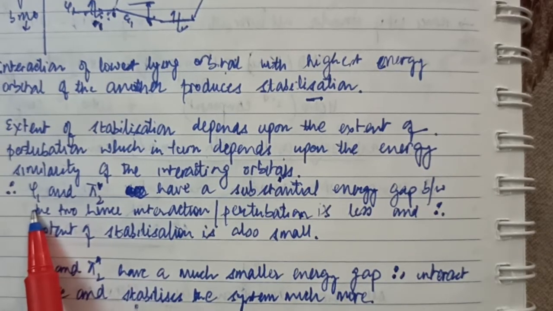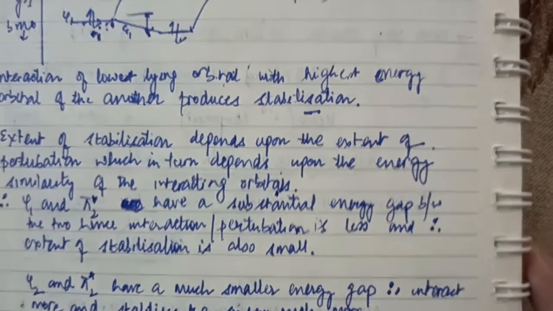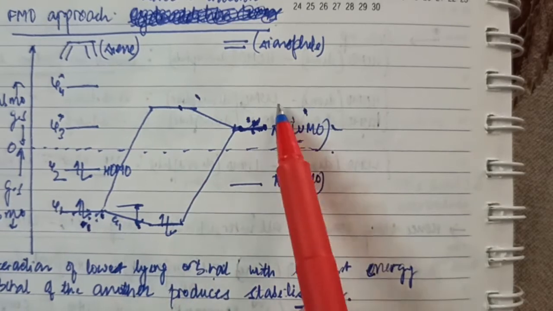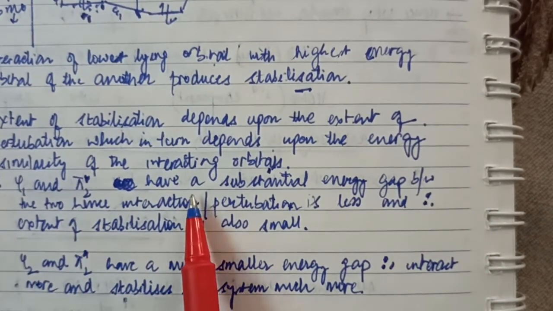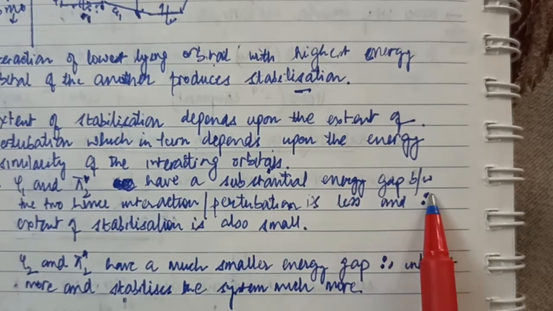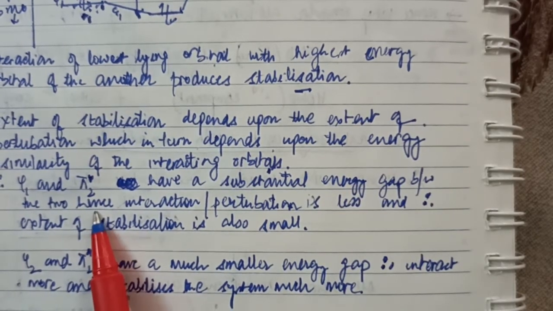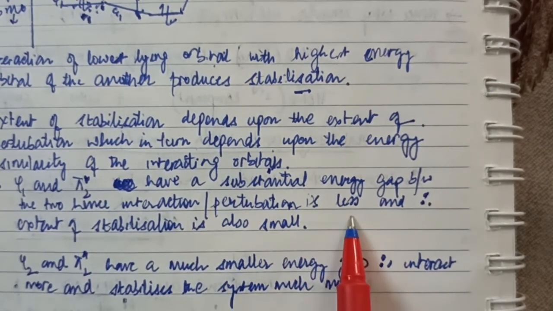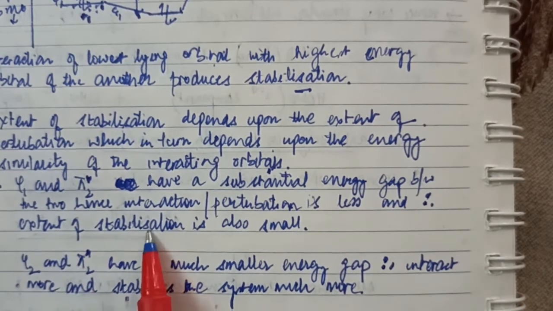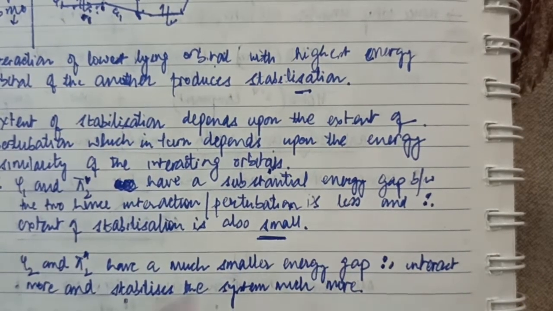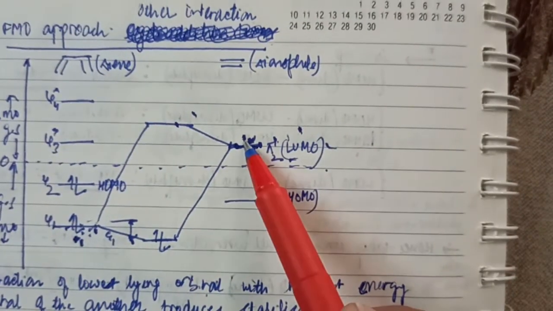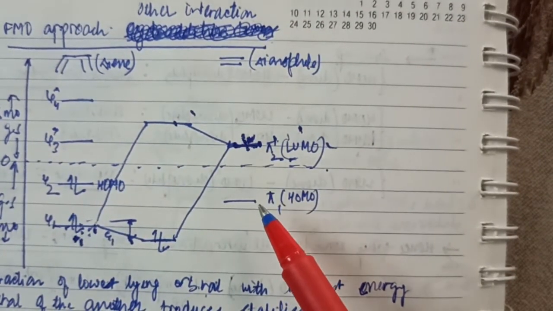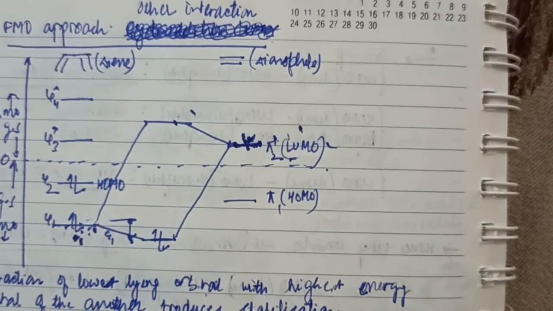Therefore, psi 1 and pi 2 star, we are talking about this interaction, have a substantial energy gap between the two. Hence, interaction or perturbation is less, and therefore the extent of stabilization is also small. The energy gap is large, interaction is less, stabilization is less.